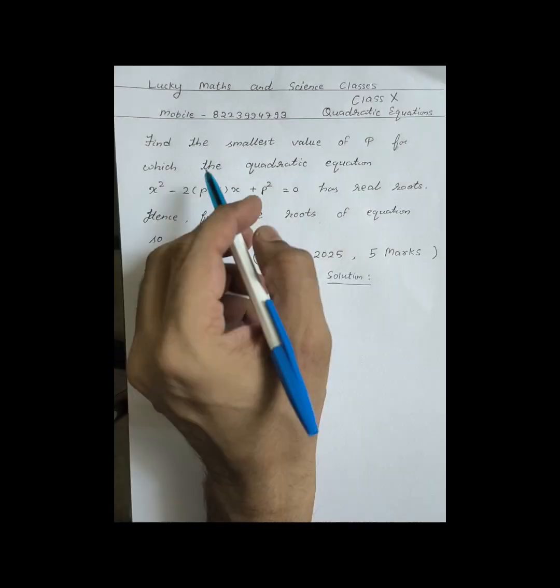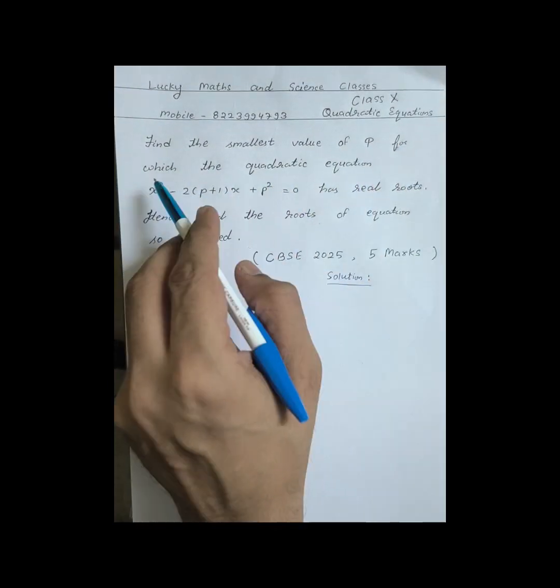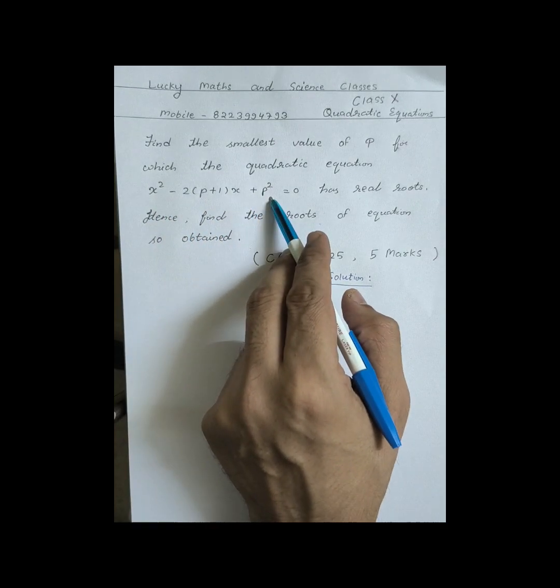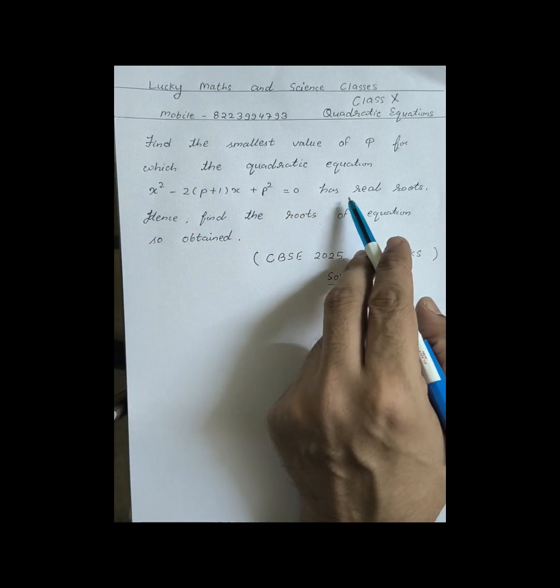We will start the solution by copying the complete statement: for which the quadratic equation x square minus 2(p plus 1)x plus p square is equal to 0 has real roots.